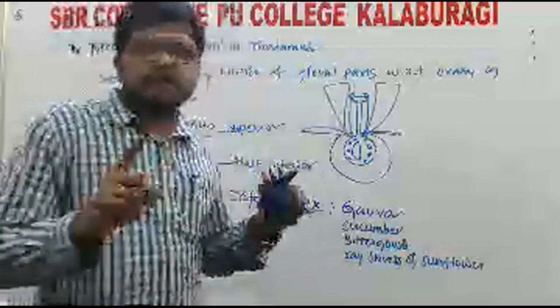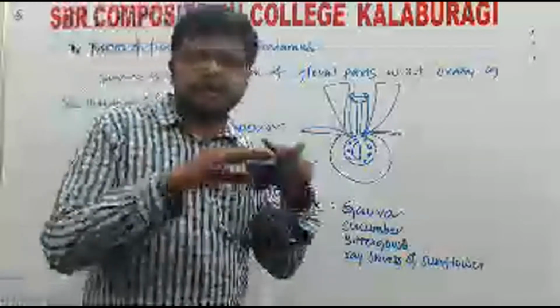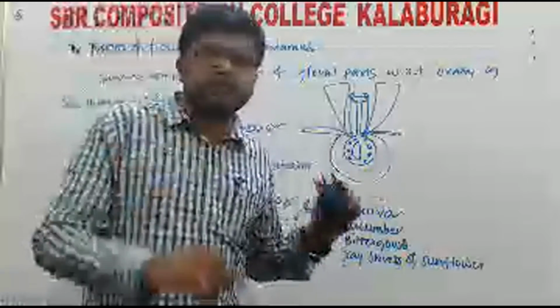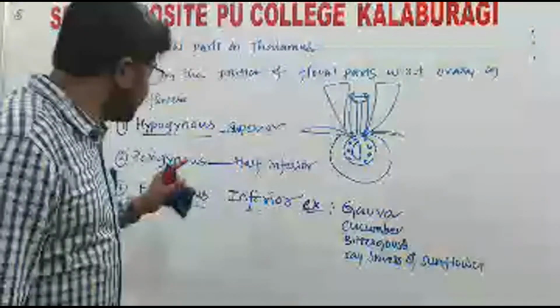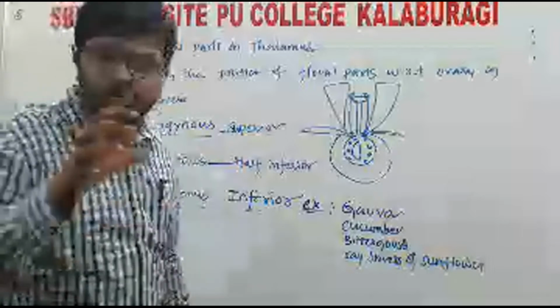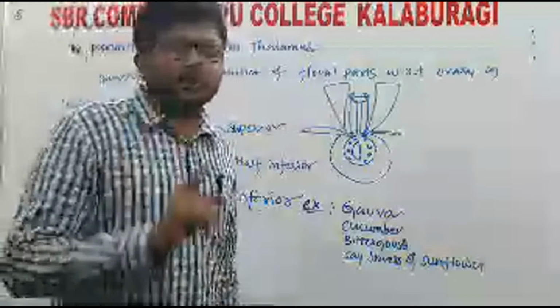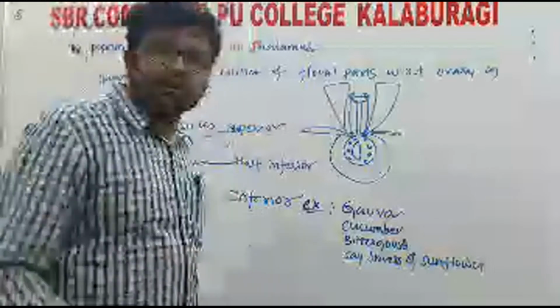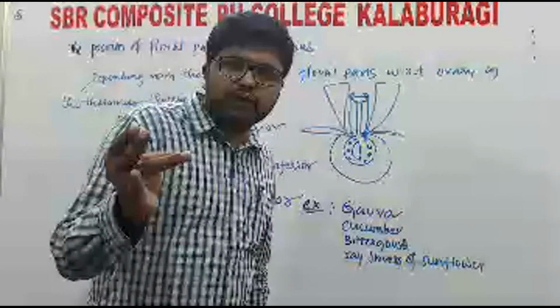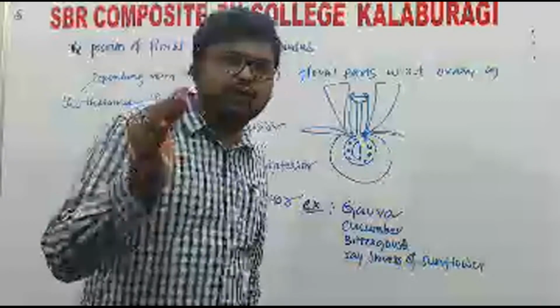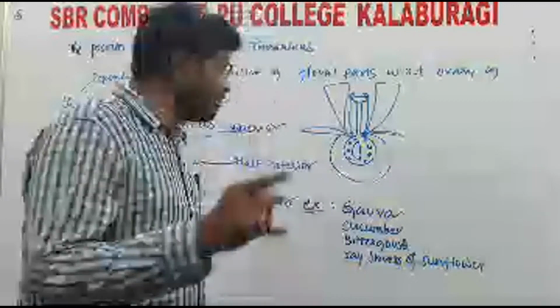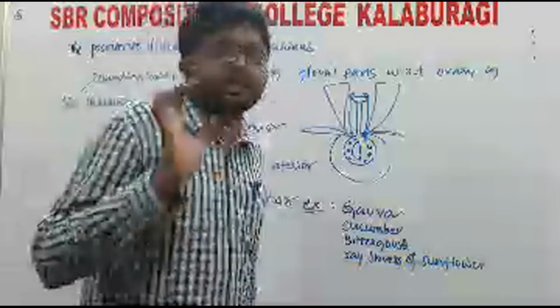When the gynoecium and the floral parts are at the periphery, meaning they are at the same level, such condition we call perigynous. And the condition where the ovary is positioned below and fused with the thalamus, such condition we call epigynous. Hypogynous is superior ovary, perigynous is half inferior ovary, and epigynous is the inferior ovary.